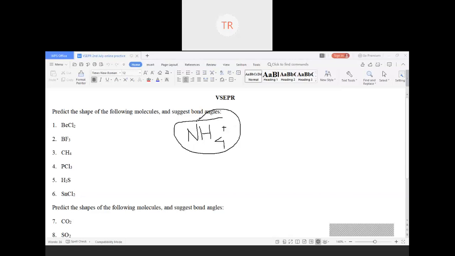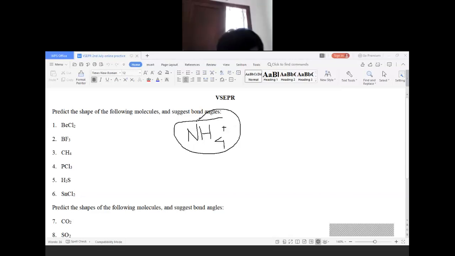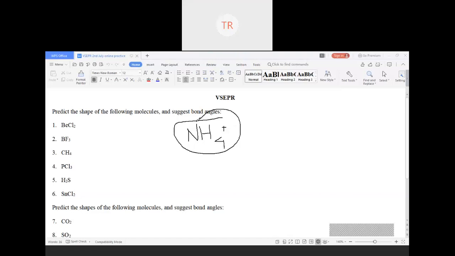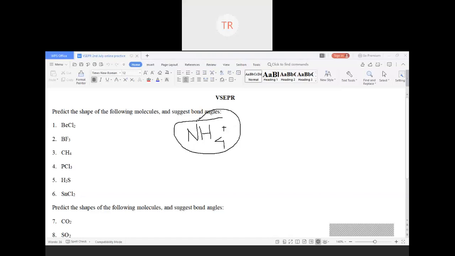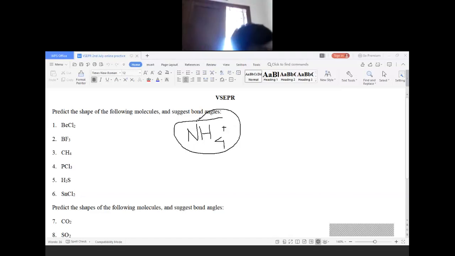I'm not asking how many missing. I'm asking how many lone pairs there are. If it's a positive ion, what does that mean? It has lost its electron. So 0, teacher. 0.